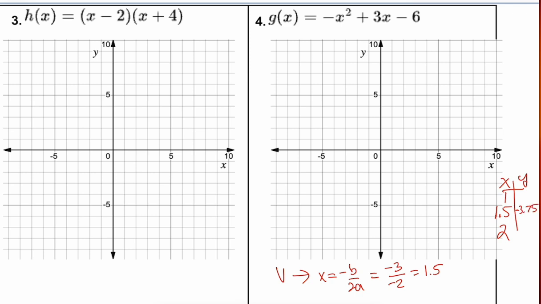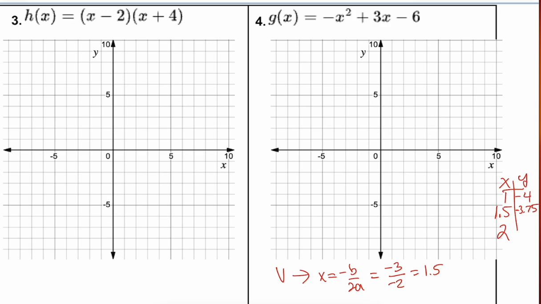Now this parabola should be pointing downward because of that negative out in front, okay? If you plug in 1, you get -1 plus 3 minus 6. I get -4. Now if I plug in 2, if I picked right, I should also, because of the symmetry, get -4. If I don't get -4, I did it wrong. But let's check.